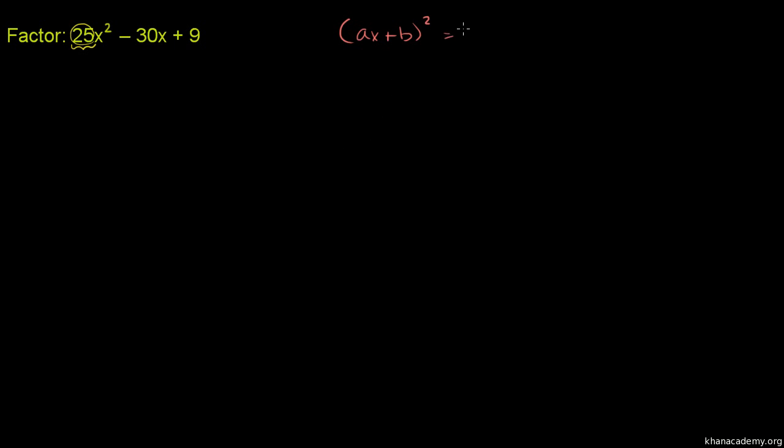Well, this is the same thing as (ax plus b) times (ax plus b), which is ax times ax, which is a squared x squared, plus ax times b, which is abx, plus b times ax, which is another abx, plus b times b, so plus b squared.